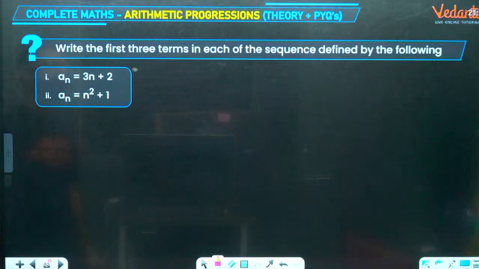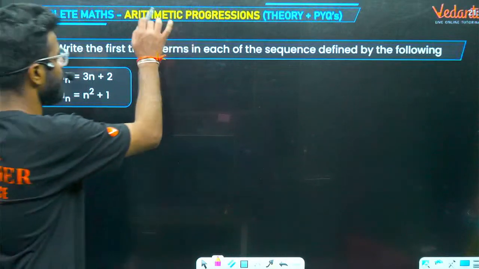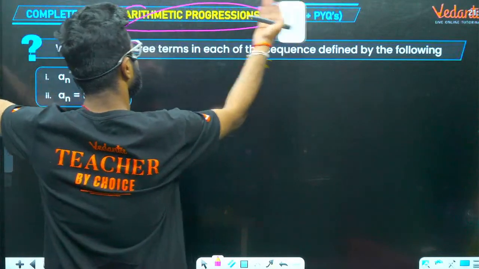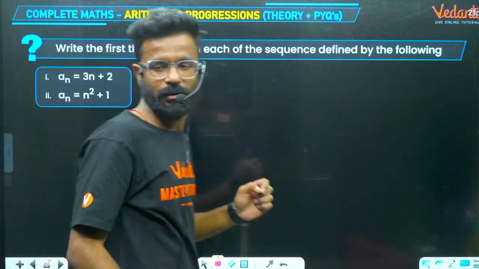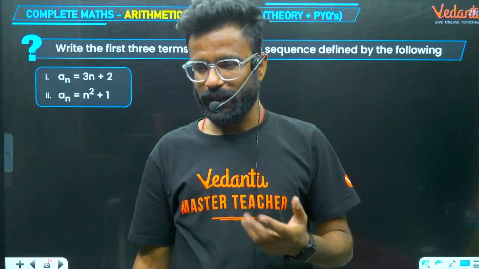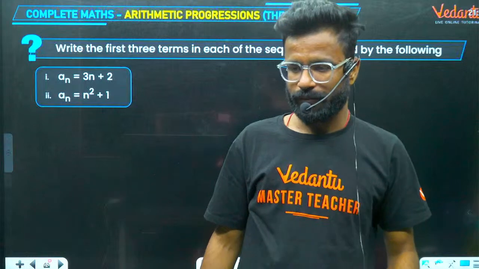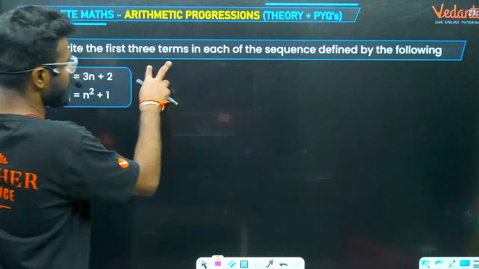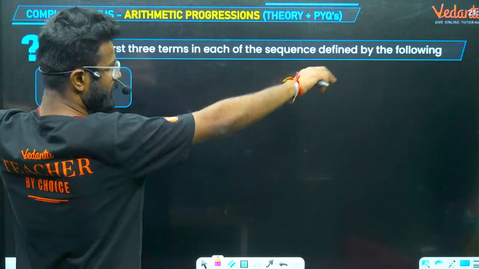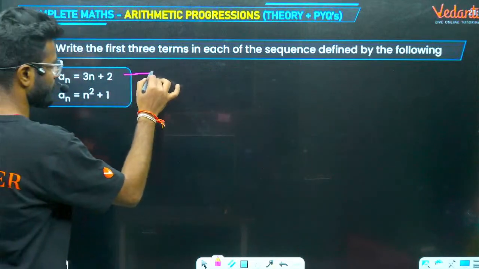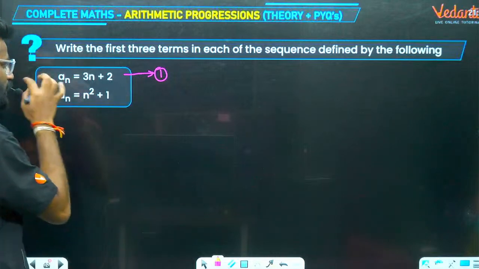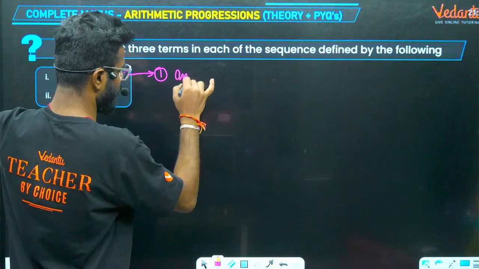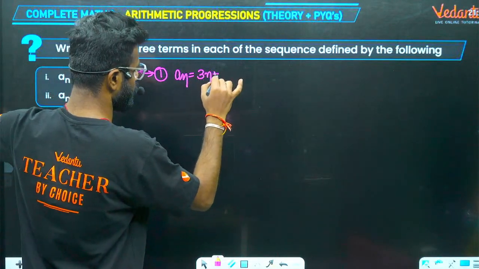Write the first 3 terms in each of the sequence. Okay, AP, arithmetic progression. Now what is arithmetic progression? Write the first 3 terms in each of the sequences defined by. In the first equation we have an is equal to 3n plus 2.